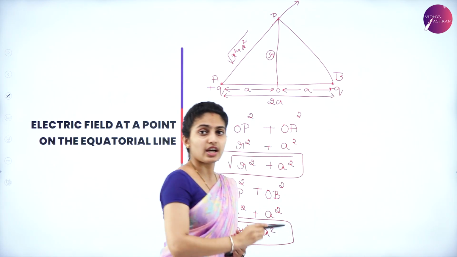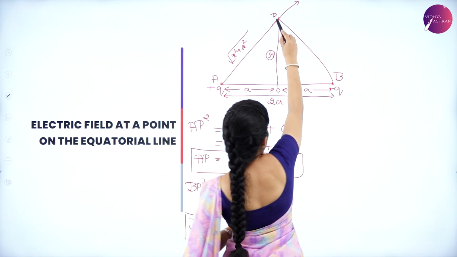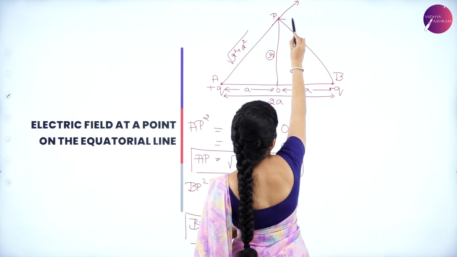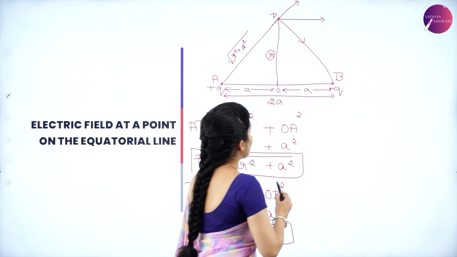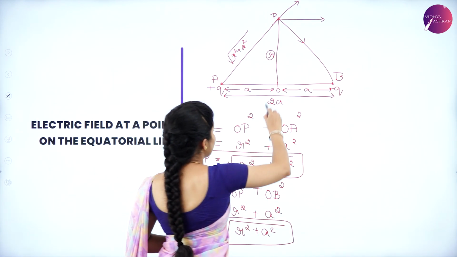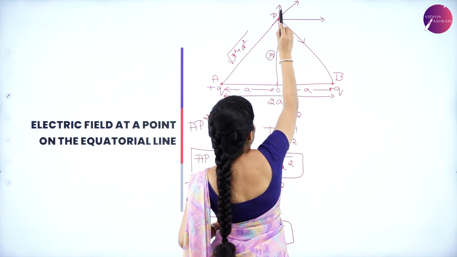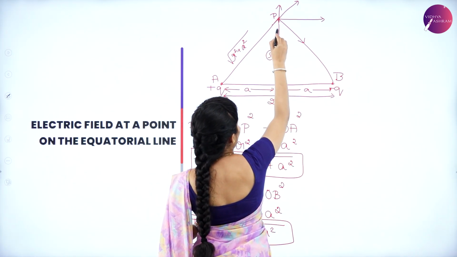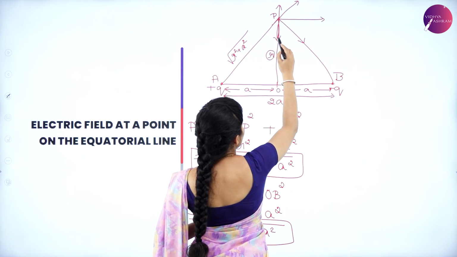And for the negative charge, it is towards the negative charge, so I can just draw along this line. There is an electric field which is parallel to the baseline, and we have two perpendiculars to the base. So here, along the perpendicular line we have two fields.